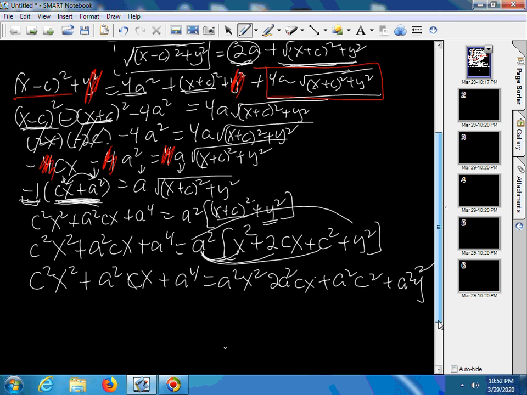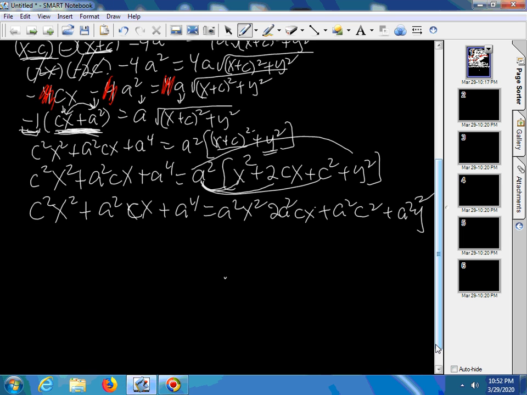Now, I'm going to bring everything that has x squares and y squares to the left and everything else to the right. But to be honest, before I do that, I notice I have an error. When I square this, I'm supposed to get 2 times a squared times c squared.